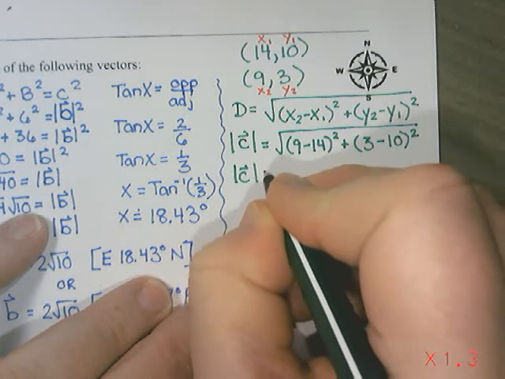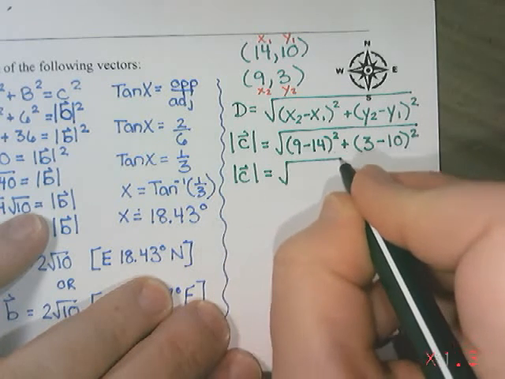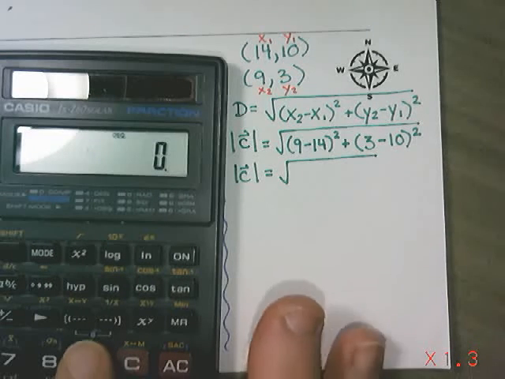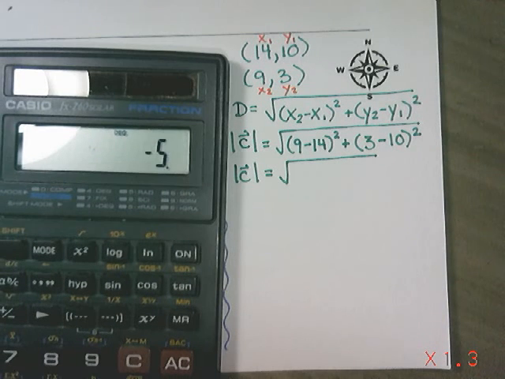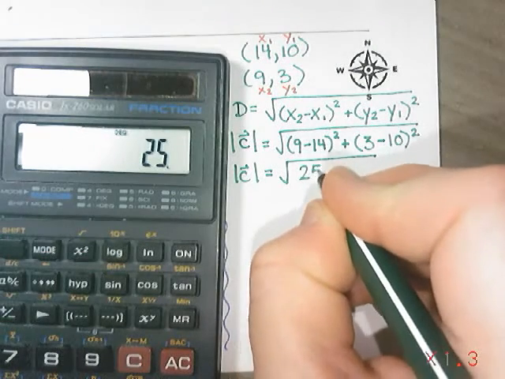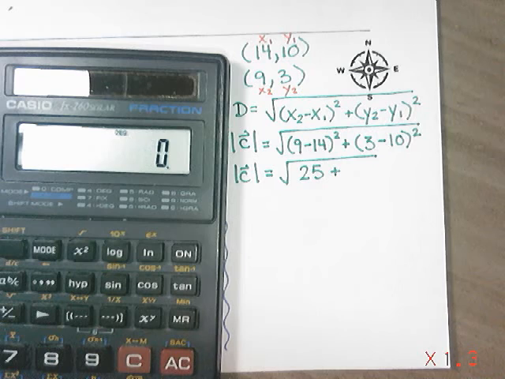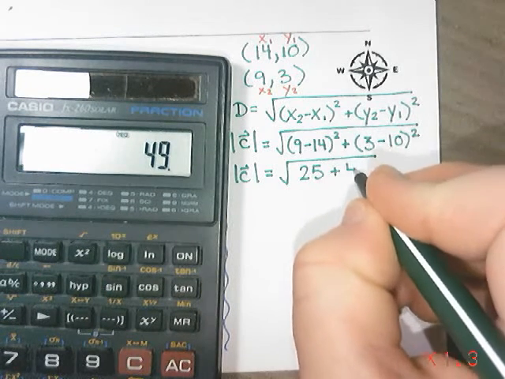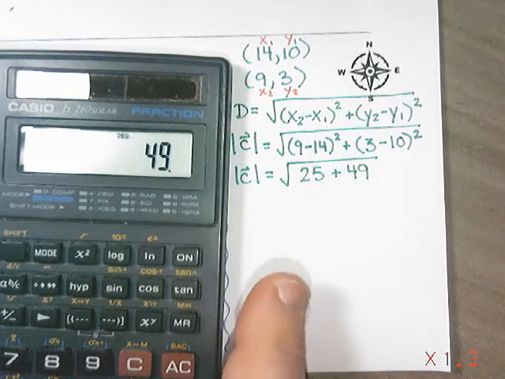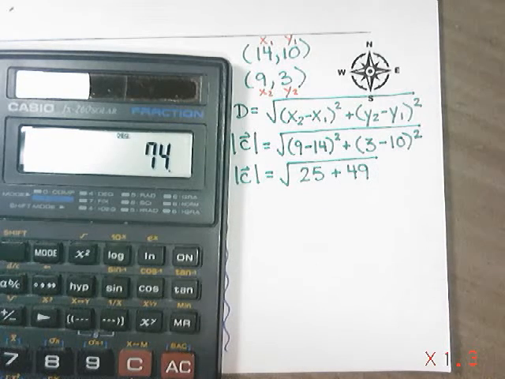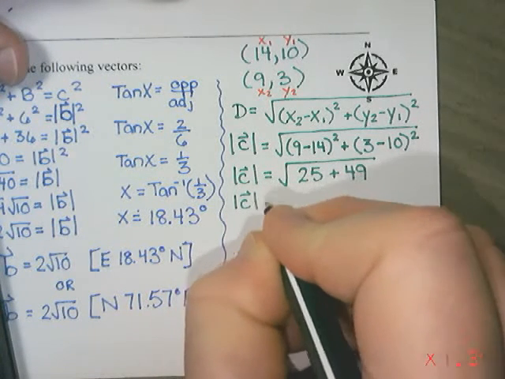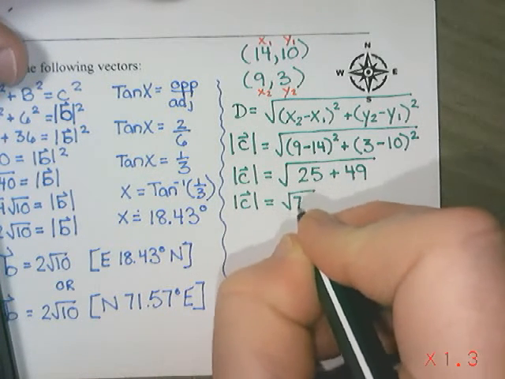All right, so I'm going to do a little calculating. 9 take away 14 is -5, and if I square that, I get 25, plus 3 take away 10 is -7, and if I square that, I get 49. 25 plus 49 is 74, so the magnitude of C is the square root of 74.